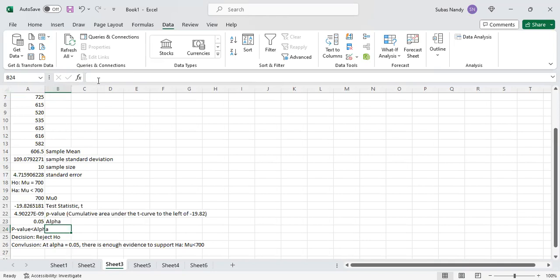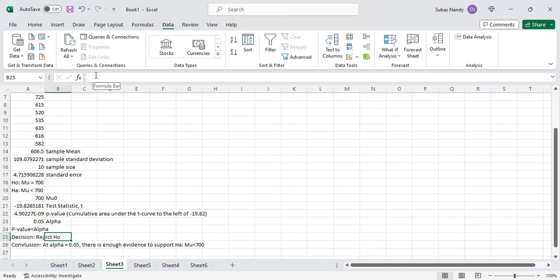And our p-value is very small. It's actually decimal followed by 8 zeros and then 4, which is much smaller than the level of significance alpha. Level of significance is alpha, the maximum probability of rejecting H0 when it is true. Since p-value is less than alpha, our decision is to reject H0.